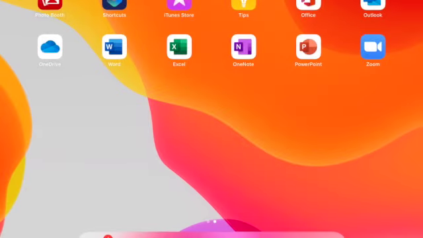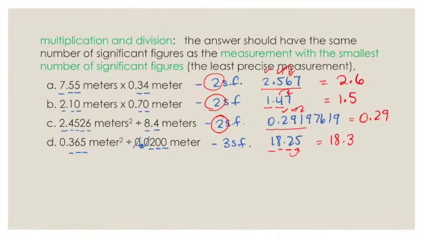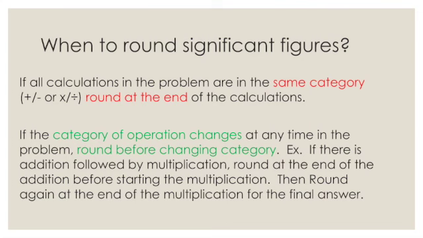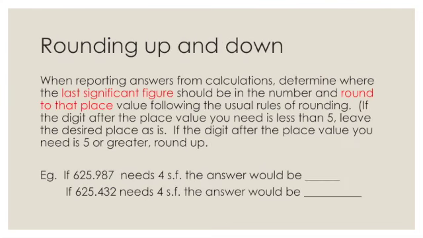Okay, so let's go back to the PowerPoint now, and let's see if we're finished. We've already been rounding. We talked about operations. Here's a couple rounding practices. This one says it needs 4 significant figures. What would the answer be? 1, 2, 3, 4. Look to the right and it's 8.